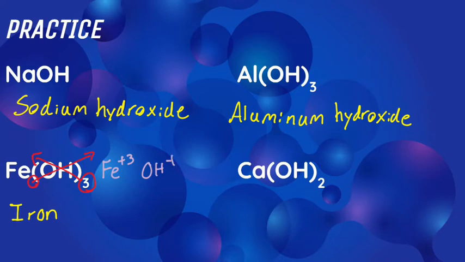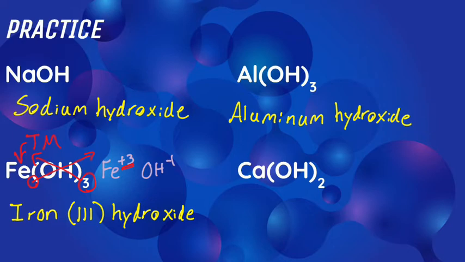So this plus 3 right here is going to be our Roman numeral that we want to place. So it'll be iron 3 hydroxide. Now again, the reason that we did that was because our Fe is a transition metal, so it has to have a Roman numeral.